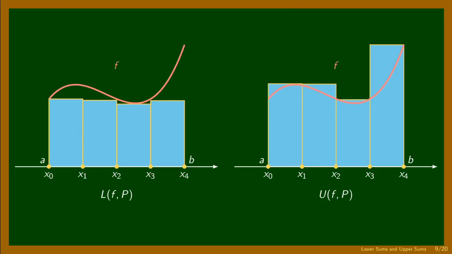So, as you can see, yung LFP is, you can say that this is an underestimation of the area. Because parang kulang siya to properly compute the area under the curve.